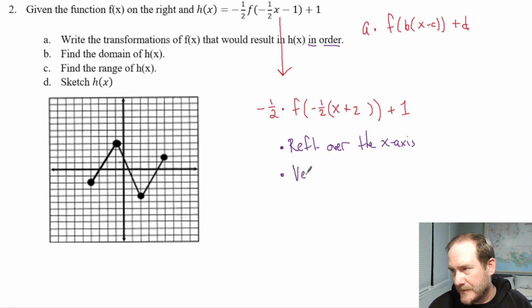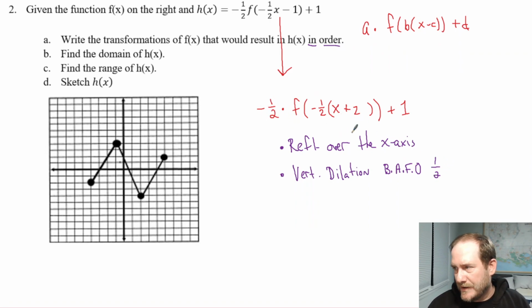So that means it's a vertical compression, technically, but I'm saying you should always just say dilation. And it's a vertical dilation by a factor of, so just say BAFO. And with vertical dilations, you just give the A value. Don't take the reciprocal of it, just say by a factor of 1/2.